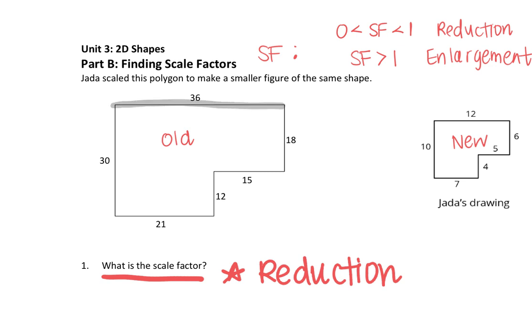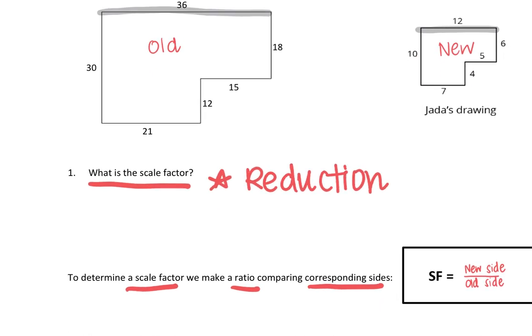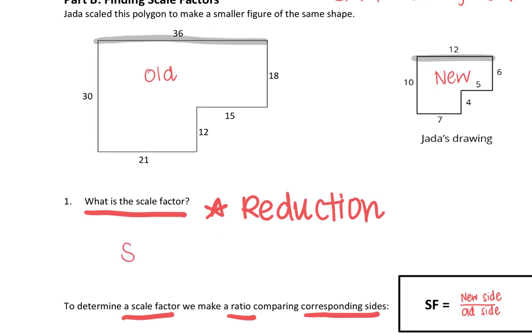So this is my old side, and 12 is my new side. I'm going to go ahead and form my fraction using 36 and 12. So SF, my scale factor, equals, so again, it's new side over the old side.